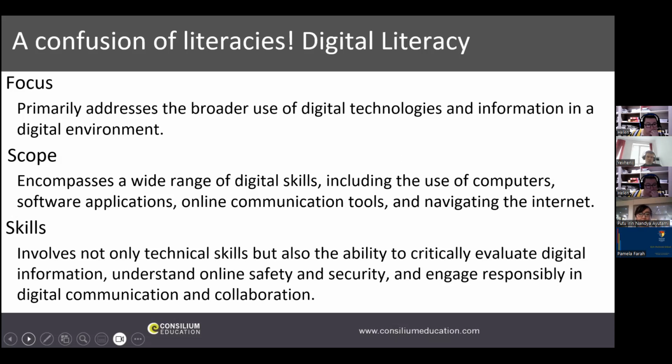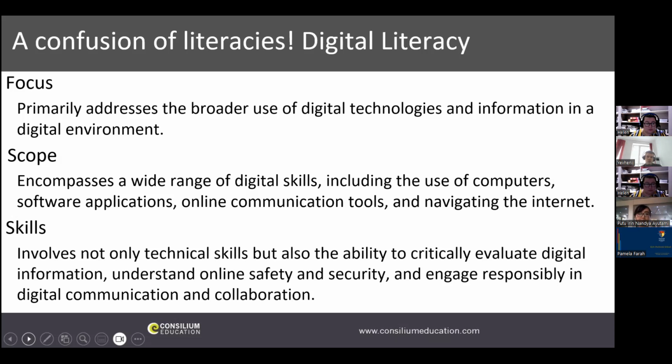And for the skills for digital literacy, I would say it involves not only technical skills, but also the ability to critically evaluate digital information, to understand online safety and security, and engage responsibly in digital communication and collaboration. So those are my main literacies.